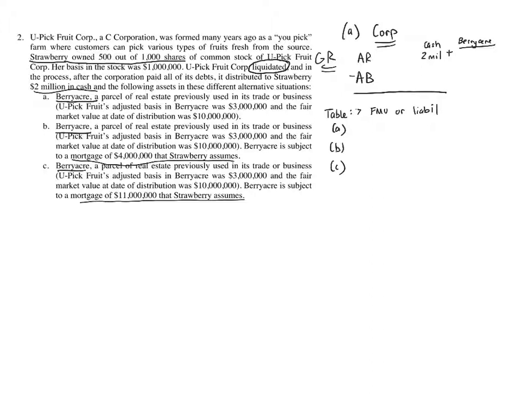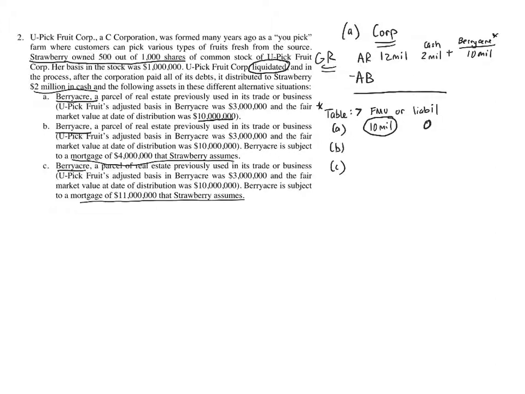The greater of rule, the greater of fair market value or the liability, applies only to Berryacre. That's not going to apply to cash, right? Because cash doesn't have liability on it. It's just cash. So in A, what's the fair market value of Berryacre? It's 10 mil. Liability, there's 0 in A. So what's the greater of those two numbers? $10 million. So we're going to put 10 million in there.